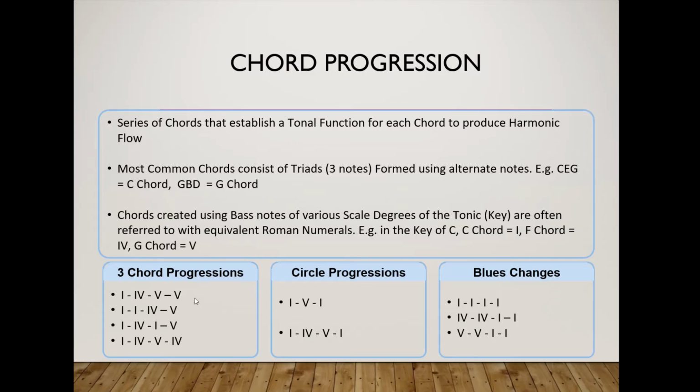Some of the most common are down here. It's like 3 chord progressions. We start on the 1, then go to the 4th chord, then go to the 5th, and probably end back on the 1. So we've got a total of 3 different chords that we're playing, even though it's a 1 and a 1.